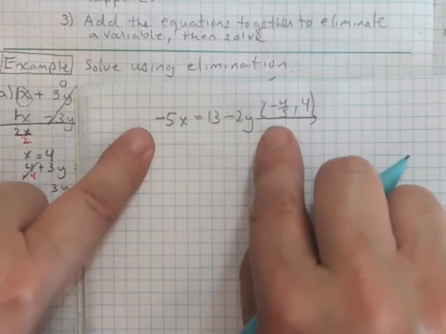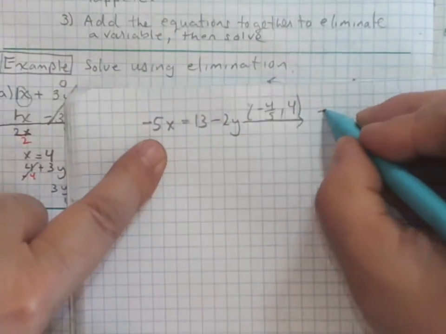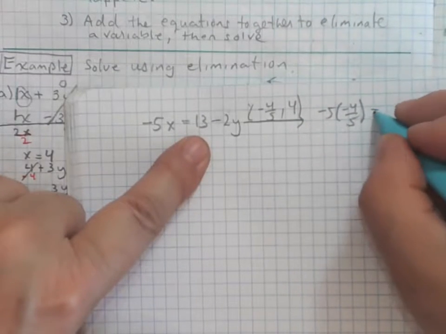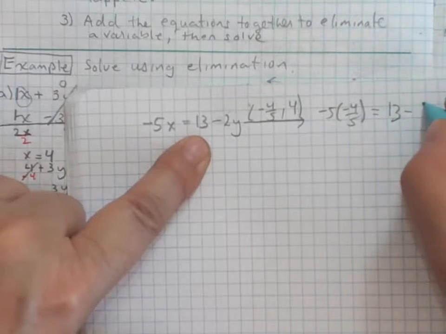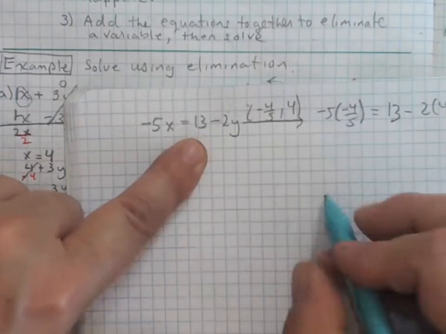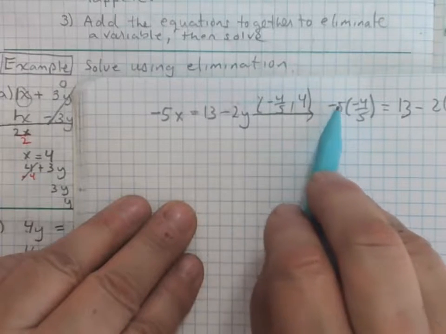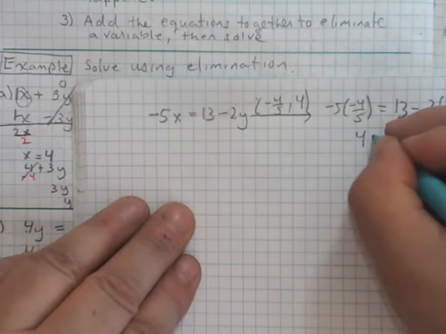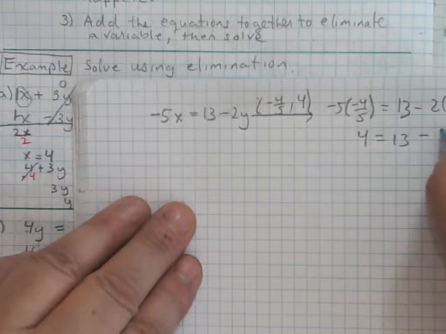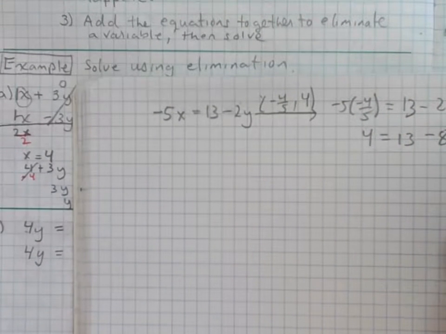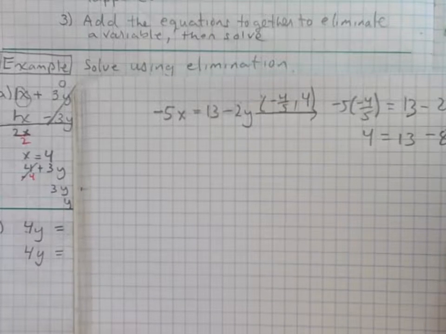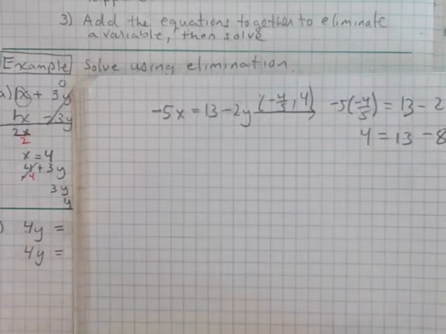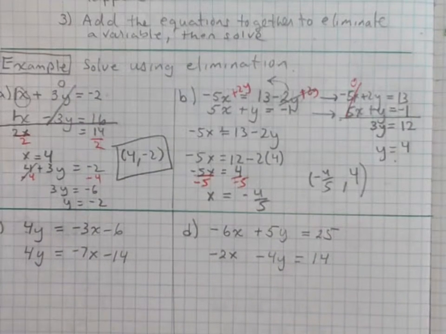All right, so plug that in, and I get negative 5 times negative 4/5 is equal to 13 minus 2 times 4. Okay, on the left, this reduces, this is positive 20 divided by 5, which is 4, equals 13 minus 8, which is not 4, that's 5. So I have done something wrong. Let's go back and check my math.